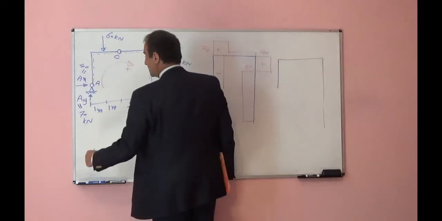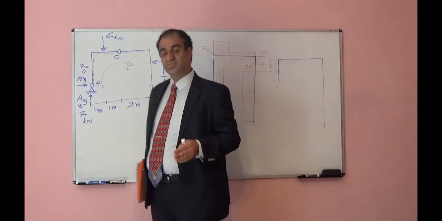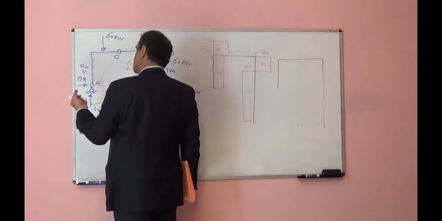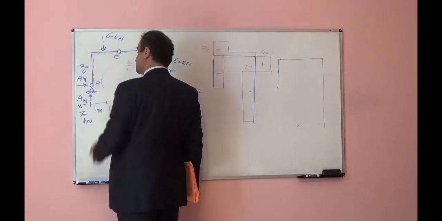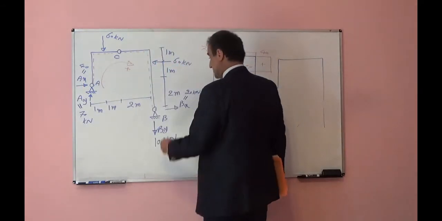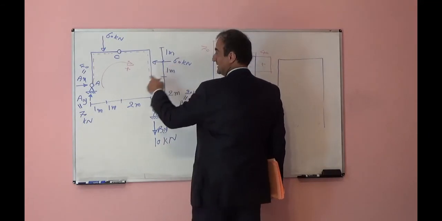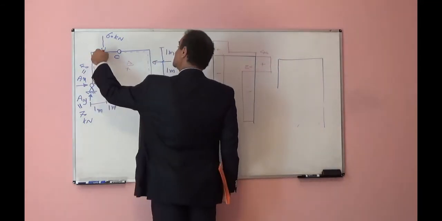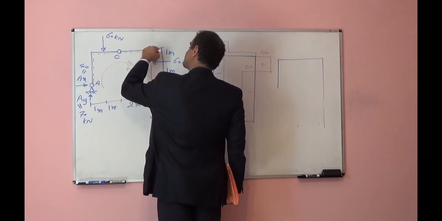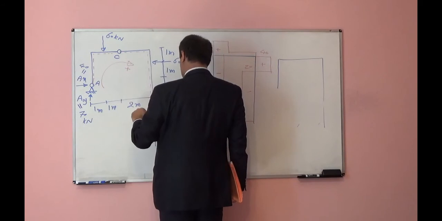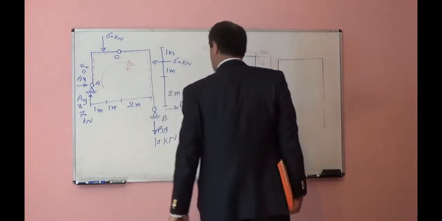Look at here, always perpendicular force to the member will create shear force. For this member, what is the perpendicular force? This is 40. For this member, what are the perpendicular forces? It is Bx, it is 60. And this 40 through this beam will transfer here. So 40, move down 60, move down, 20, close the diagram.